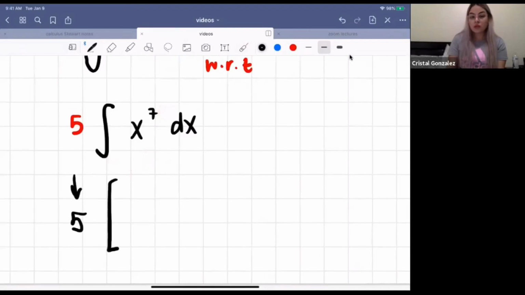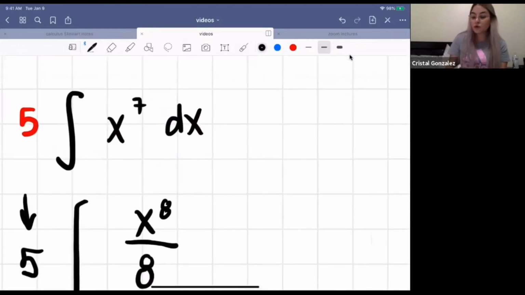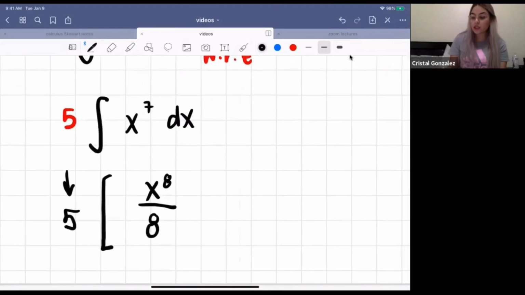Now you're going to do the x to the 8th over 8. And once you take the antiderivative of something, or the integral of a function, you no longer need to write this notation anymore. I just did brackets because I have this 5 on the outside, so I have to remember that I have to distribute it back in later on.